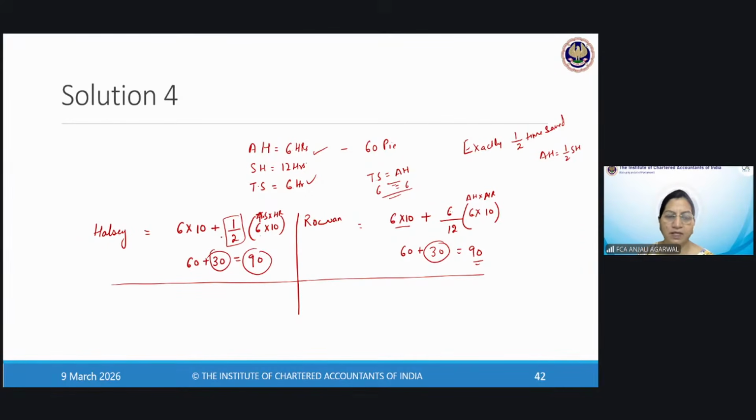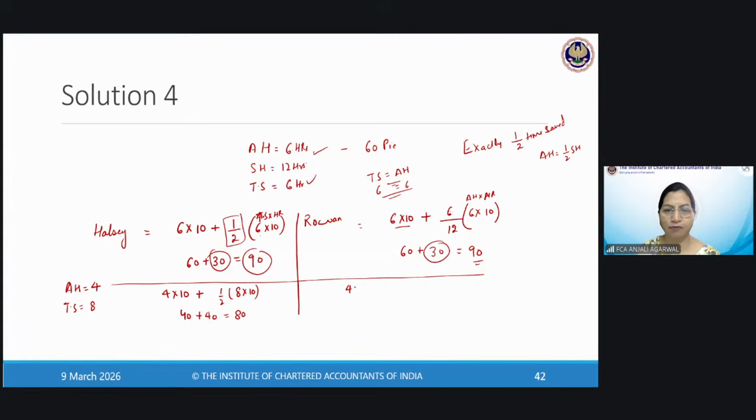So in the early stages, when time saved is 10, 20, 30, 40% of the standard time, Rowan will pay more. When time saved is exactly 50% of the standard time, they both will pay the same. But if the actual hours taken here were only 4 and time saved was 8, then Halsey would have paid 4 into 10 plus half of time saved, 40 plus 40, 80.